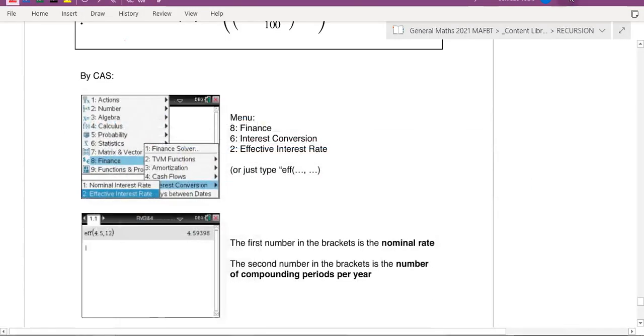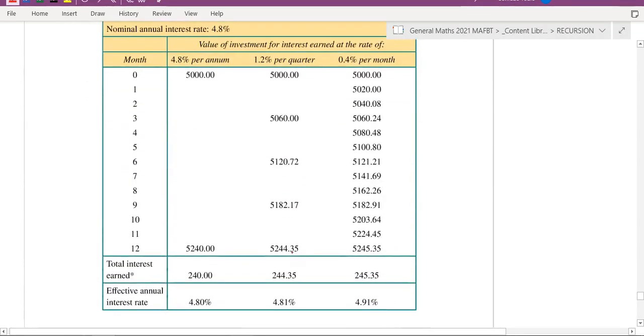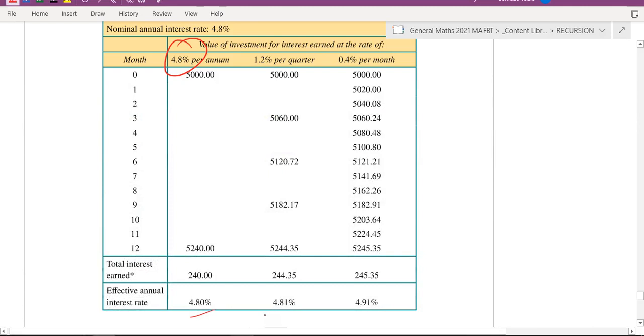So generally, we'll use the CAS to actually do this. Okay, and so what do you put in your CAS? So say for example, let's go back to this. If my nominal rate is 4.8%, so on my calculator, I want to try and figure out what the effective rates are depending on the number of compounds. So this here has 4 compounds, 1, 2, 3, 4.